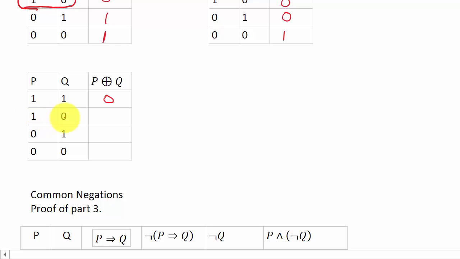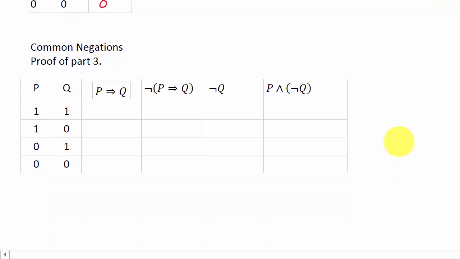They have opposite truth values, so that makes it true. And then here, P is false, Q is true. They have opposite truth values, so that makes it true. And then here, P is false, Q is false. They have the same truth value, so that makes it false.